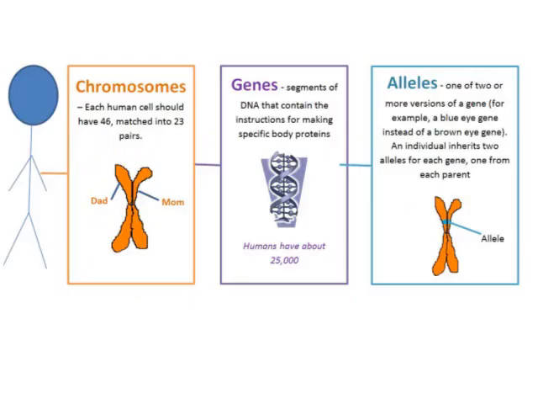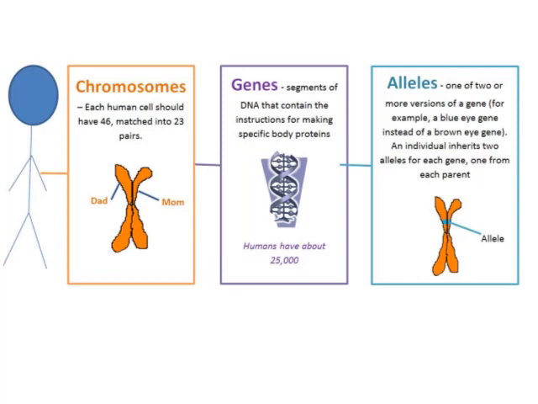So anyway, basic genetics. You can see we talk of chromosomes, we talk of genes and alleles. Each human cell has 46 chromosomes matched into 23 pairs. We get 23 from the father and 23 from the mother, and they get together in our cell to establish what genes we have. We have roughly 20,000 to 25,000 genes.